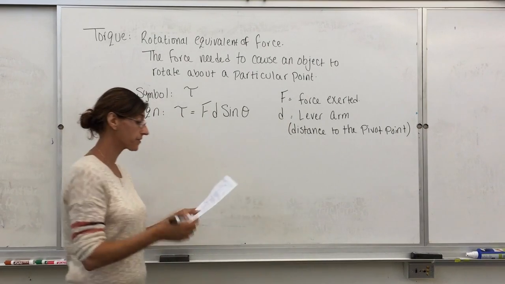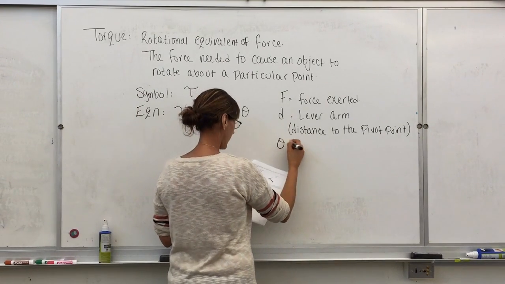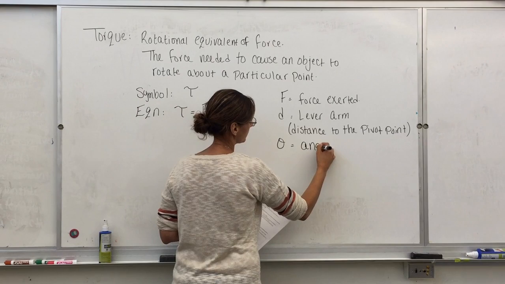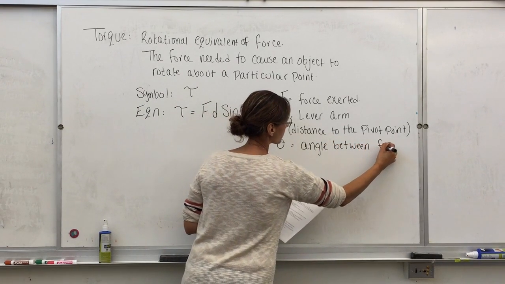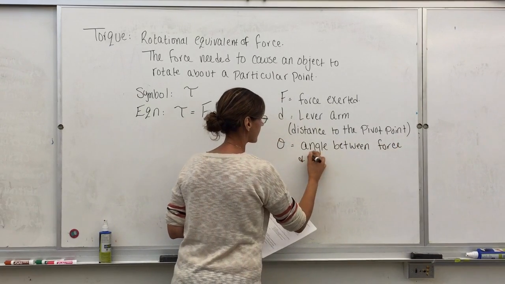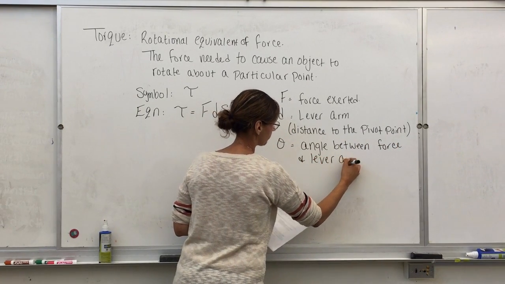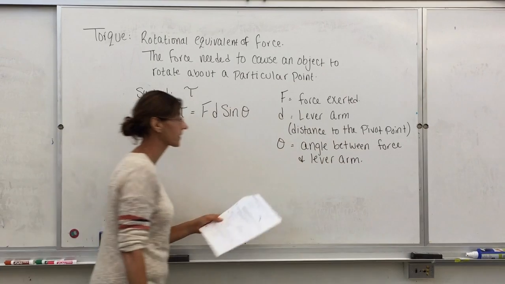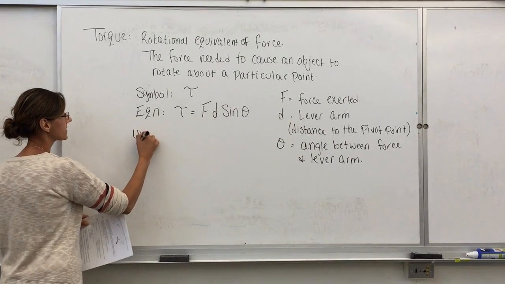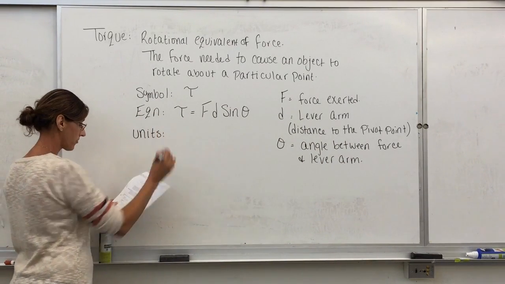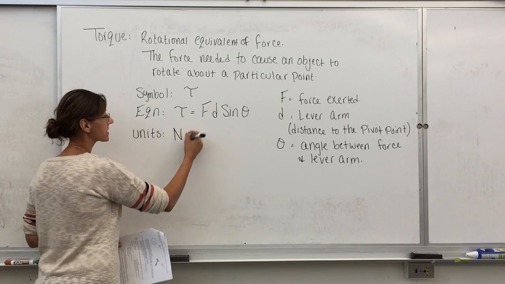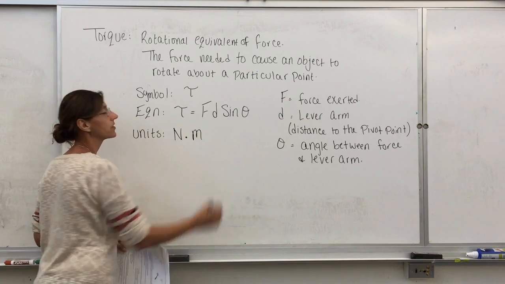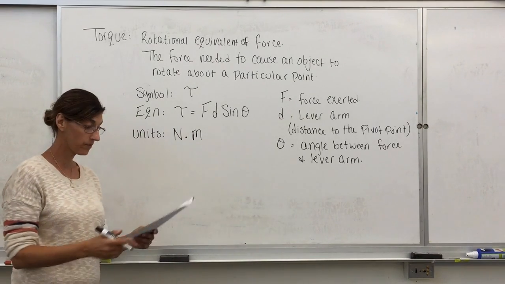So from the force to the pivot point, and theta is the angle between the force and the lever arm. Okay? And the units for torque will be newtons, that's force, times meters. That's the distance, so Newton meters.